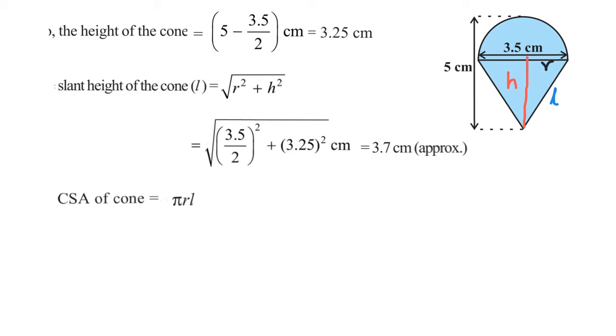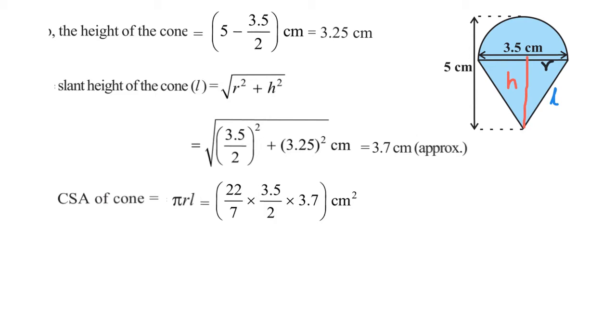We know the radius, 3.5 over 2. We know l, it is 3.7. Plug it in and you get 22 over 7 times 3.5 over 2 times 3.7 centimeter squared. Let's not work it out, let's keep it over there.